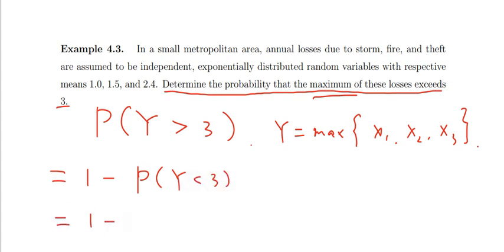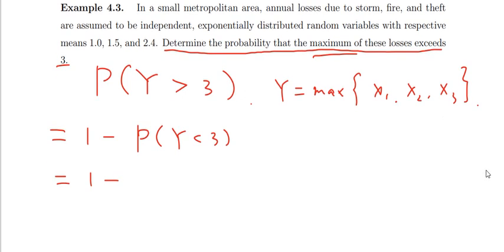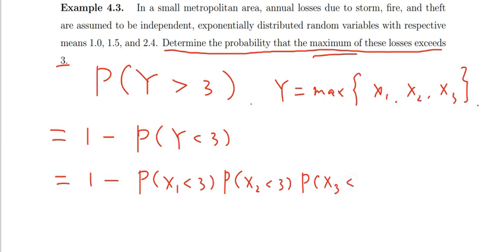So y less than 3 means each one is less than 3: first one less than 3, second one less than 3, and third one less than 3, right? So how can we find x1 less than 3, x2 less than 3?